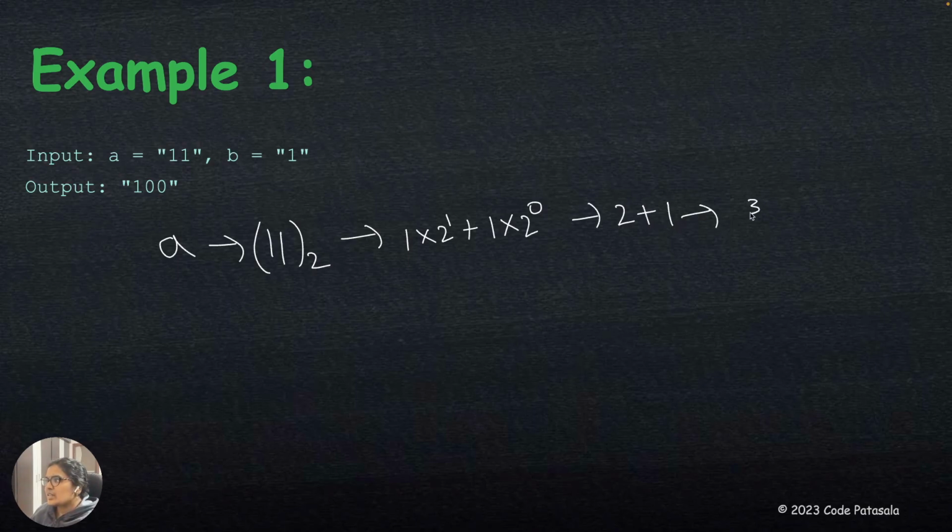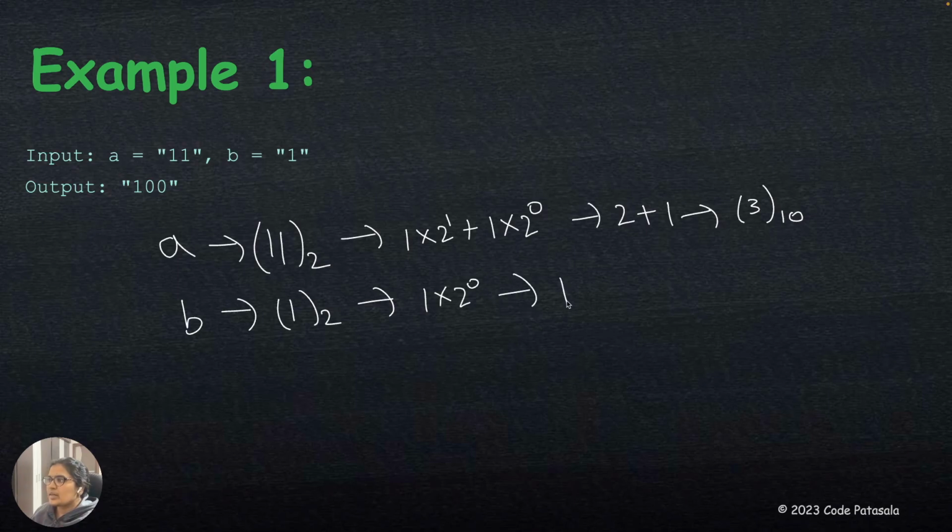That is 3 in base 10 or decimal notation. Similarly, B is given as 1 in binary notation, which would be 1 into 2 power 0, which is nothing but 1 in decimal notation. So, A plus B is nothing but 3 plus 1, which is 4.